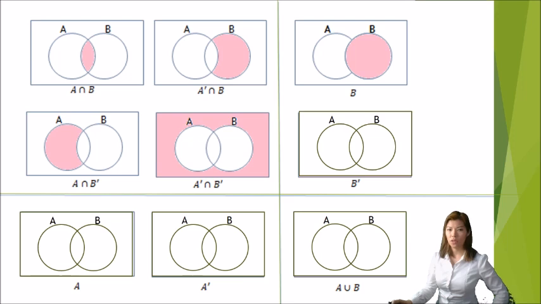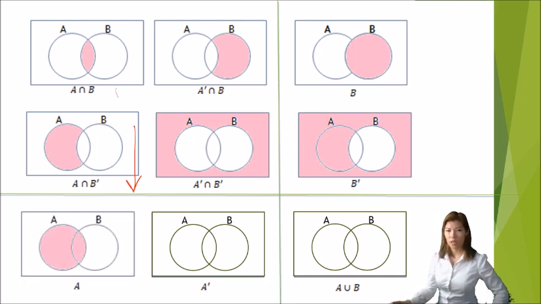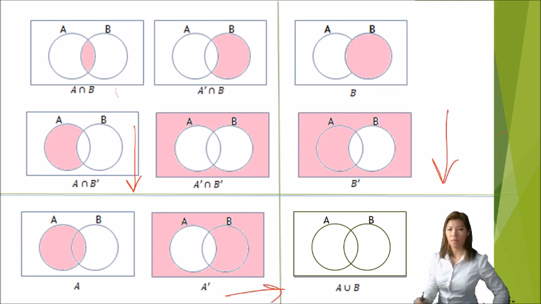And if you add these two together, you're going to get not B, or complement of B. And if you go downwards, it also adds up to be A. If you add those two together, same with the second column, it will add up to be B. And it doesn't matter which way you go, whether you're adding this way or that way, you're going to get the whole thing colored.